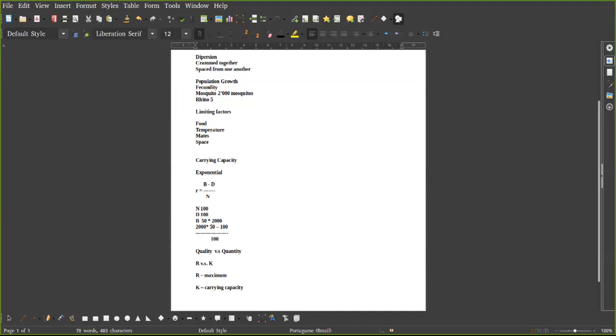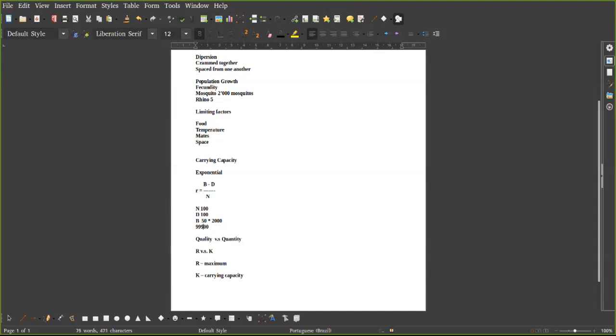The 100,000 minus 100 is 99,900, divided by 100 is 999.